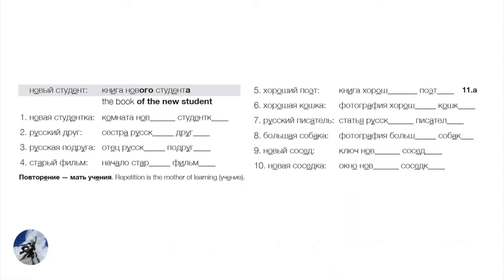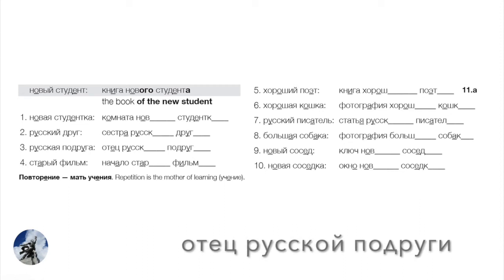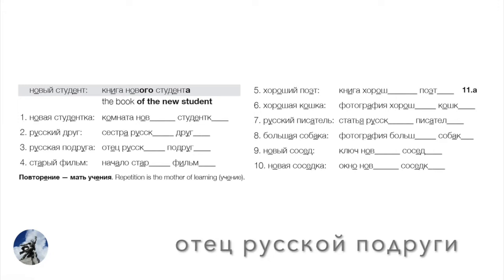Number three, русская подруга, a female Russian friend now. So the father of our female Russian friend, отец русской подруги. Again, the 7-letter spelling rule is telling us we have to write и there instead of ы.